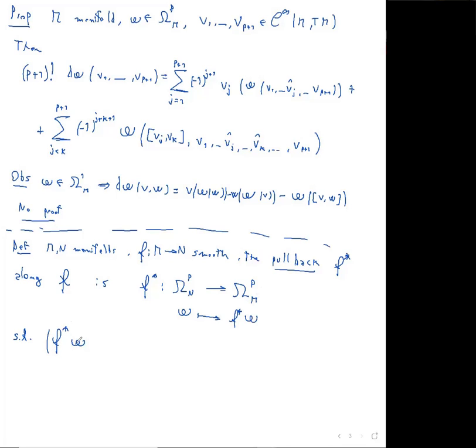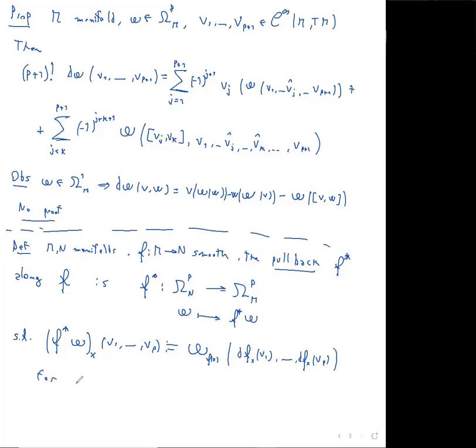And I'm also going to give a point this time. So remember, if I apply it to p vector fields, this is a function, but I also want to give it a point, x. And this is defined as the form omega at the point f of x applied to the vectors df_x v1, ..., df_x vp.